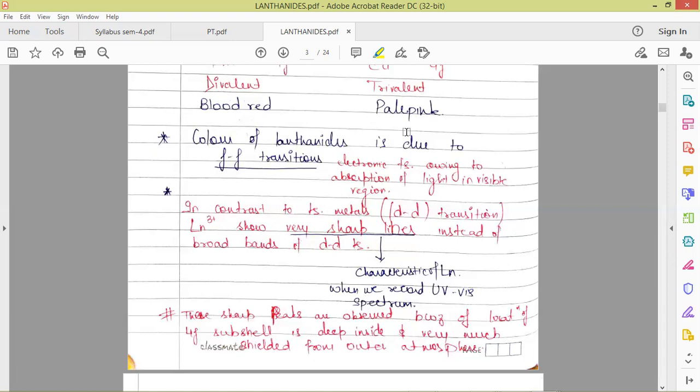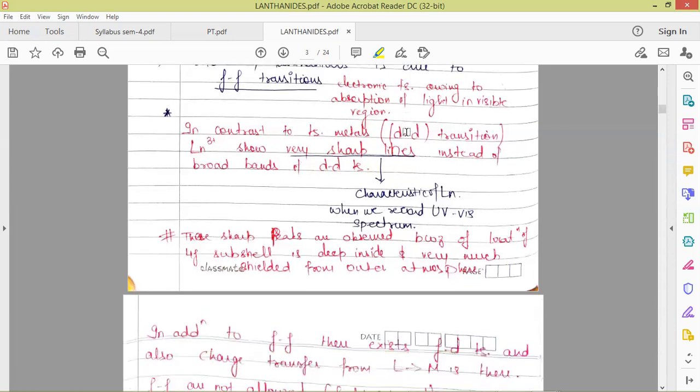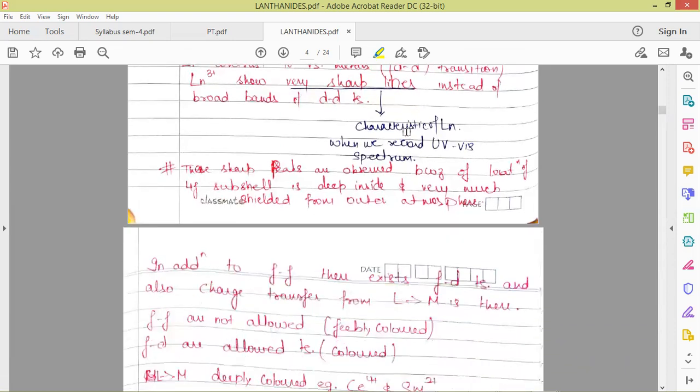So the outer atmosphere doesn't affect the electronic transitions occurring within the 4f subshell. That is why these transitions do not get disturbed and we get sharp peaks in comparison to the broad bands of d-d transitions.